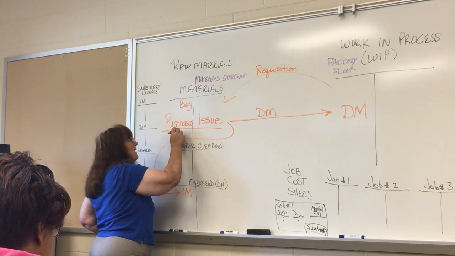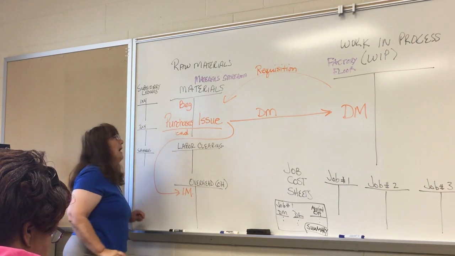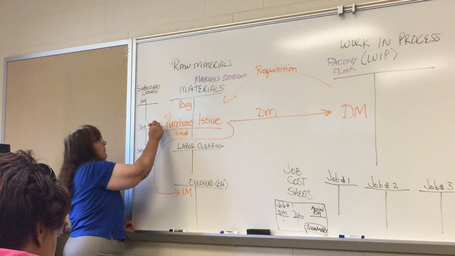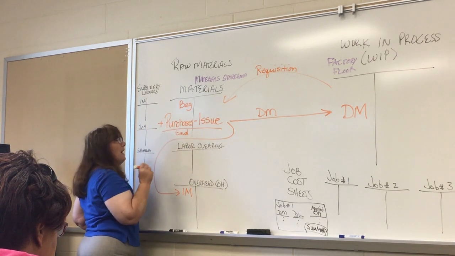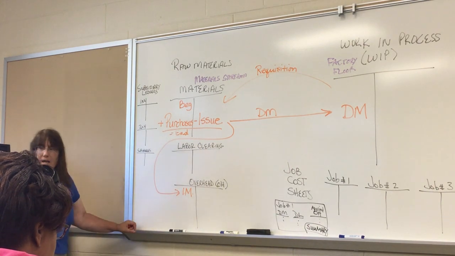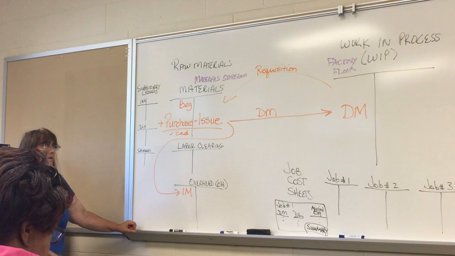Okay, and so my ending balance will be here. I can take my beginning plus my purchases minus what I issued, and that would equal what my ending balance is.